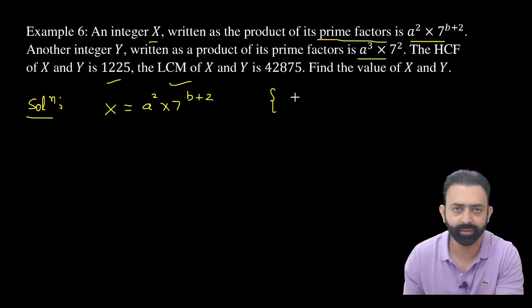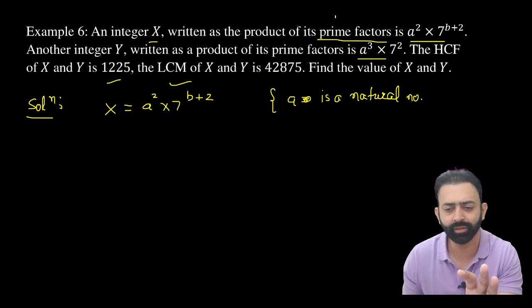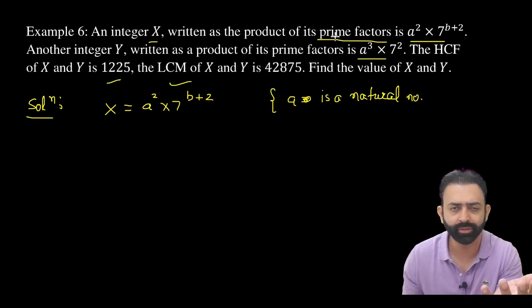So it is inherent that this a is a natural number, because since we are dealing with prime factors, as it is already said in the question, prime factors cannot be negative. Prime factors are basically natural numbers.